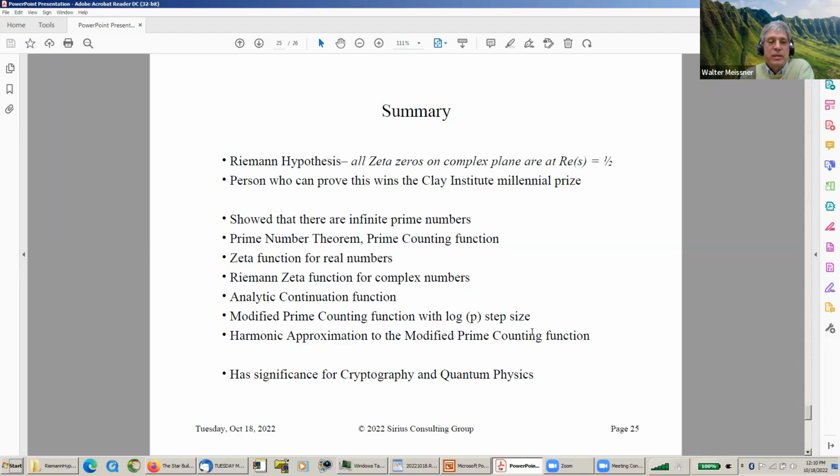And we talked about the prime number theorem, prime counting functions, zeta for real numbers, the Riemann zeta function for complex numbers, analytic continuation to map it on the whole complex plane, the modified prime counting function with a log p step size, and the harmonic approximation to the modified prime counting function. And we talked about the significance to cryptography and quantum physics. So that is the end of that.